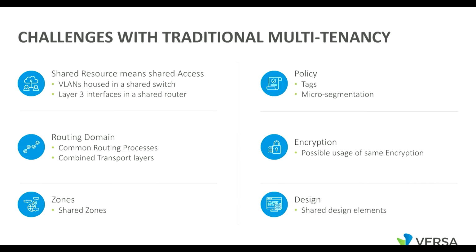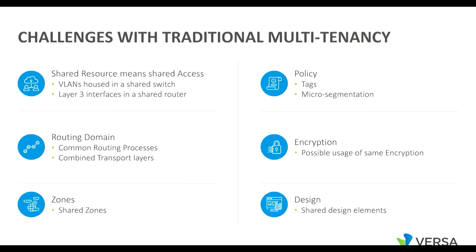At layer 2, if I have a switch and two segments separated by a firewall, meaning that traffic needing to go from one layer 2 segment to the other has to go through a firewall to allow that access, if I have a shared resource and I have access to that shared resource through my part of the network, I can actually get into that device and capture traffic from the other side of the firewall.